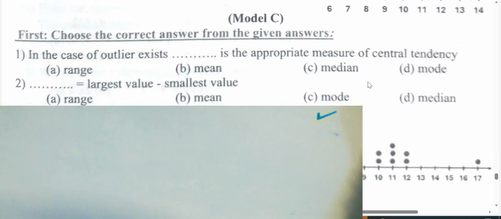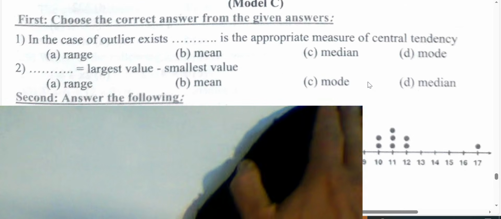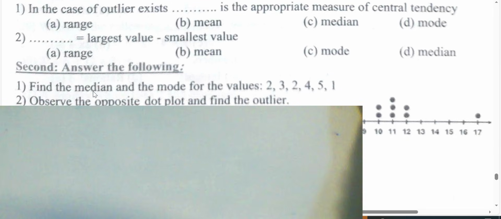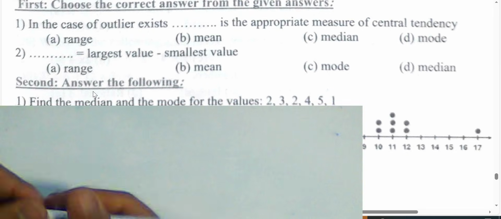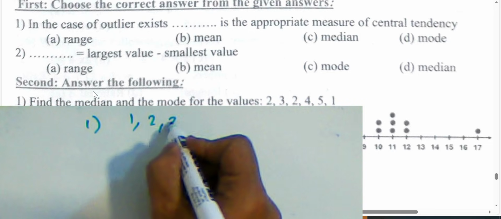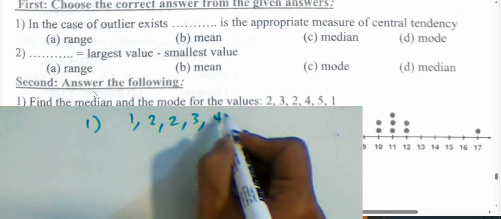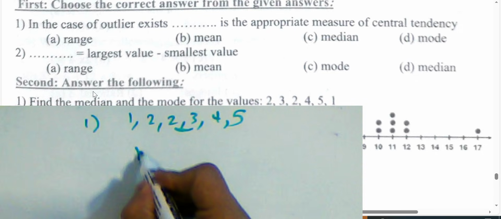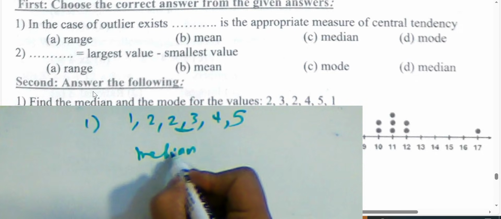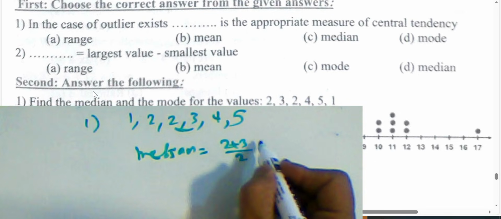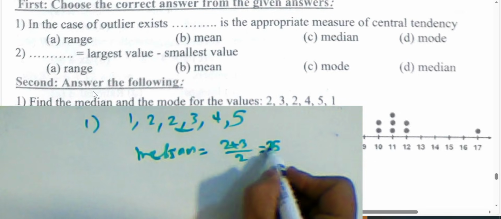Next question. Largest value subtract smallest value. We called it range. The range. Choose letter A. Find the median and the mode of all values. We can arrange first, right? 1, 2, 2, 3, 4, and 5, and then we can write the median. 2 plus 3 divided by 2, 5 divided by 2 equal 2.5.